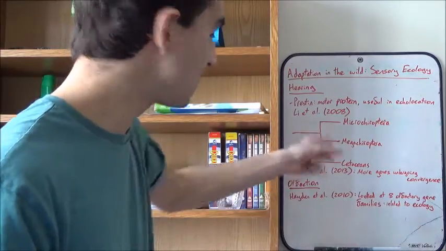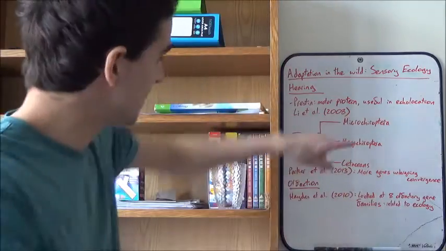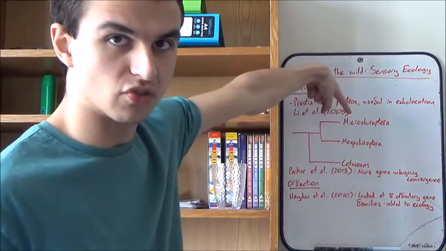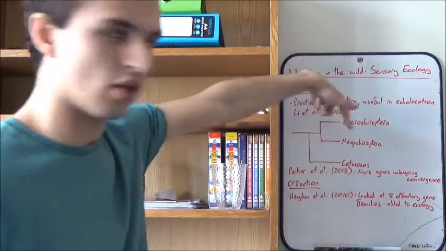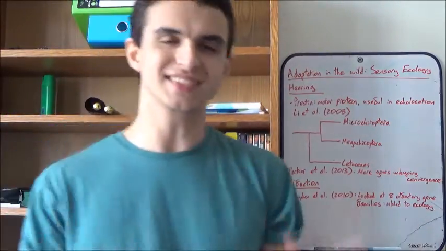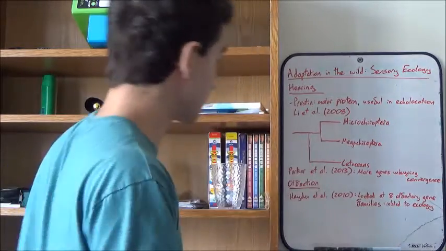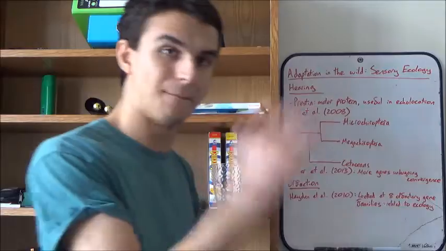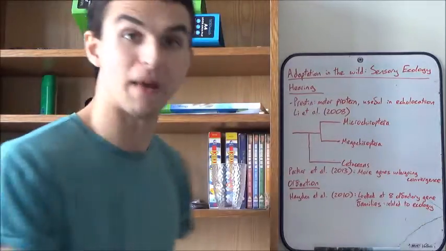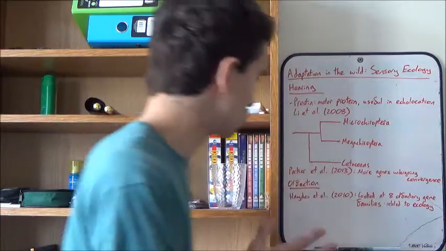Remarkably, whales and dolphins are shown to be more related to the Microchiroptera than the Megachiroptera are to the Microchiroptera. So basically, if you just take the prestin gene into account, dolphins are more related to bats than bats are to fruit bats. So therefore there's been pretty strong convergent evolution here.